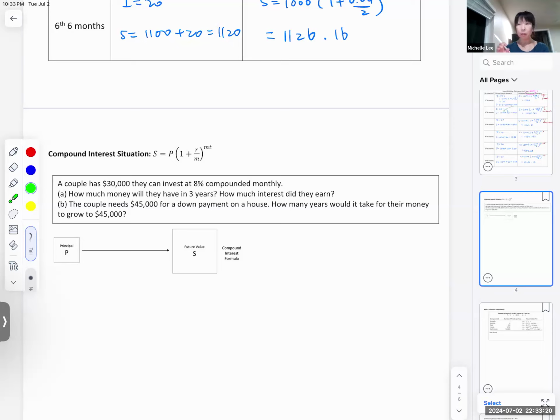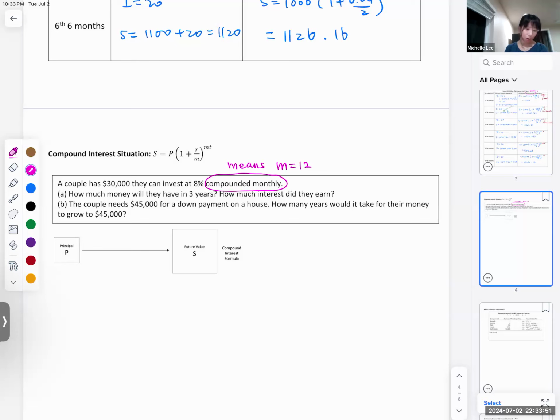Because monthly is the interval, and they don't say continuously. So it's periodic, that's why we're using this formula. Monthly means M equals 12.